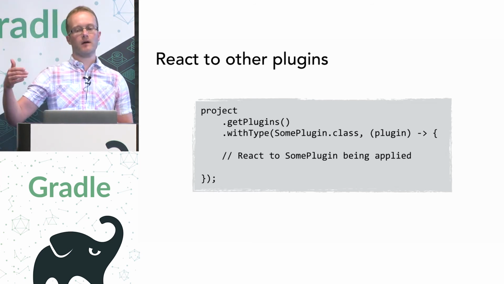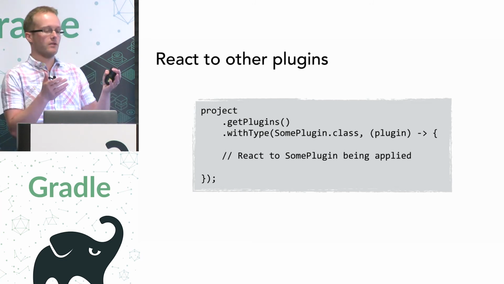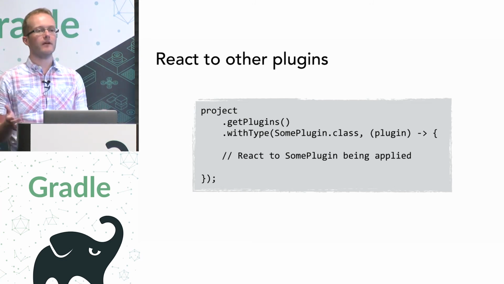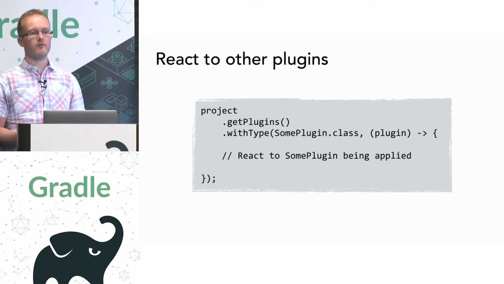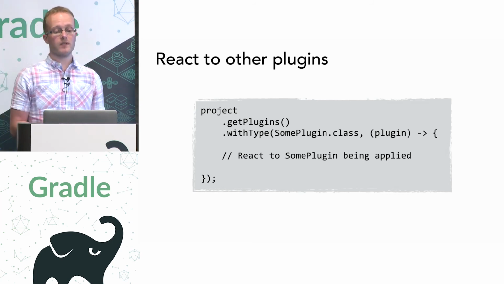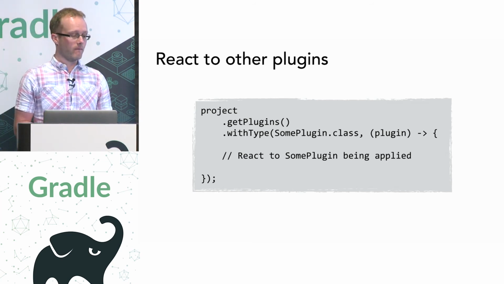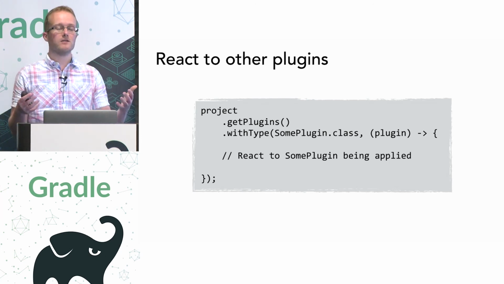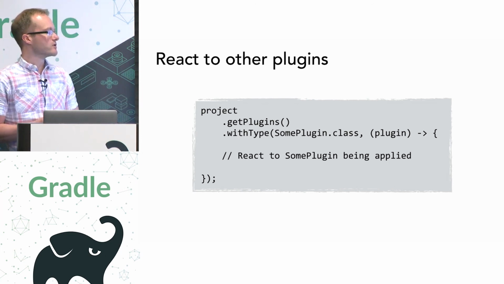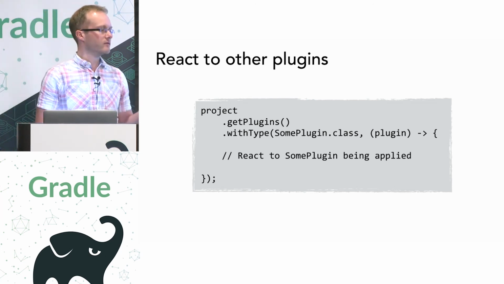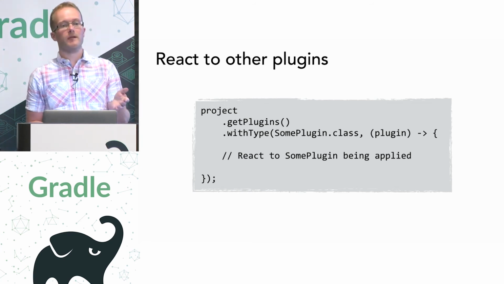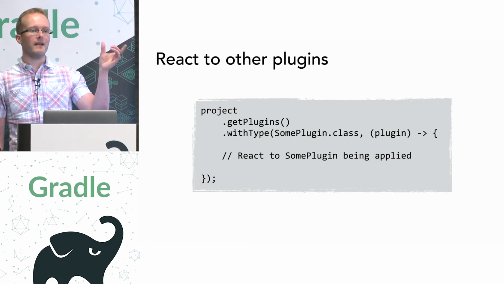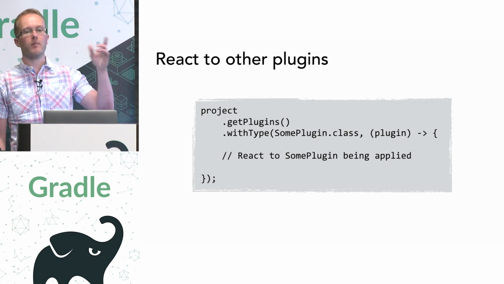And then if that plugin's applied, we'd notice that it had been applied, and we'd configure it in a particular way and provide some sensible defaults. So then if someone didn't want to use that particular plugin, they just don't apply it and they don't get it. So it does mean now for someone moving from Spring Boot 1.5 to Spring Boot 2 who does want the dependency management support, they do have to add an extra line to their build script to apply that plugin.